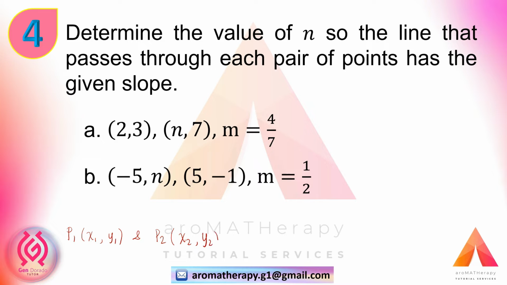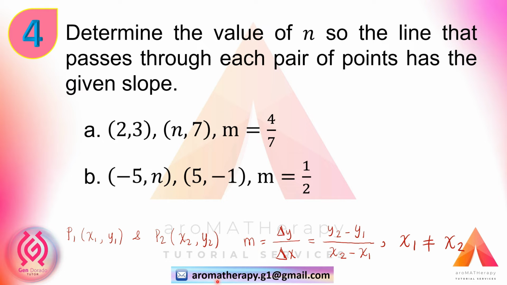The slope of the line can be solved as follows. We have here m is equal to change of y over change of x, which is also equal to y sub 2 minus y sub 1 over x sub 2 minus x sub 1, such that x sub 1 is not equal to x sub 2.